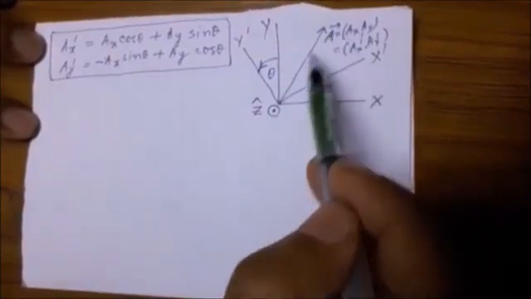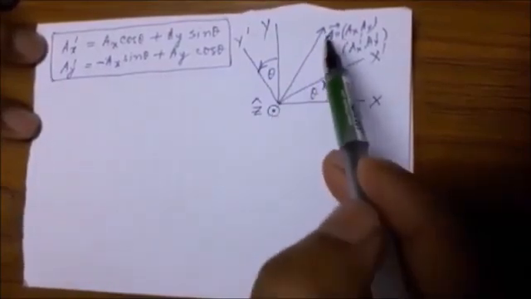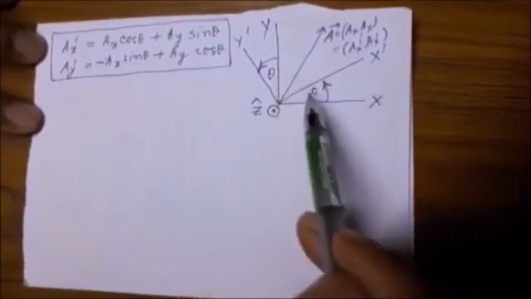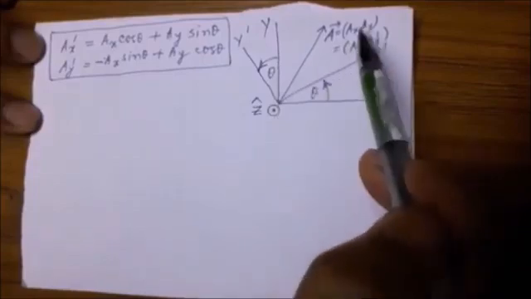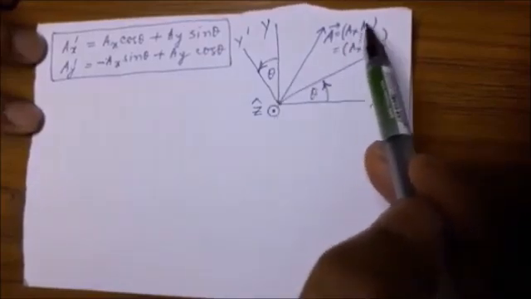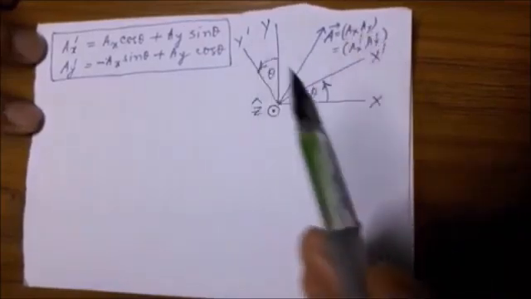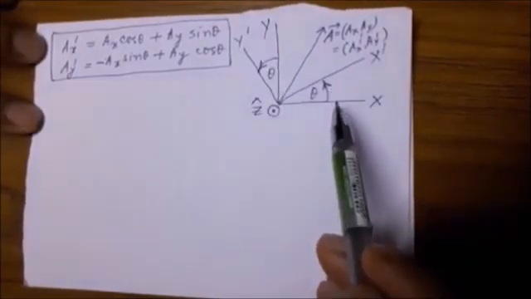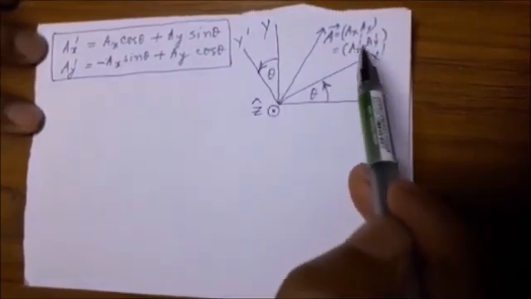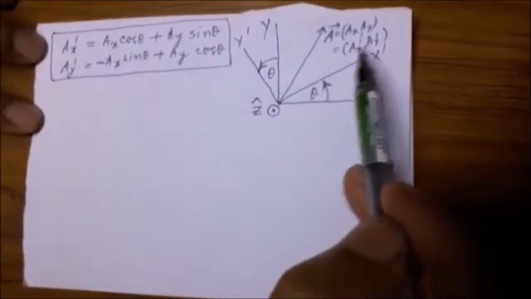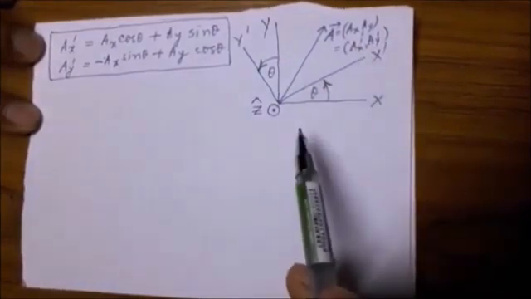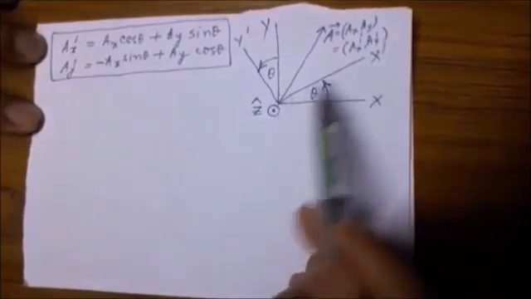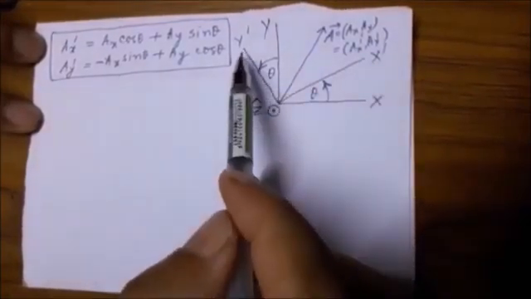This is the origin, this is the vector a, and this vector a has been expressed in the unprimed system, that is in the xy system, through these components ax and ay. And similarly, the same vector can be expressed in terms of ax prime and ay prime, which happen to be the components along the primed axis x prime and y prime.